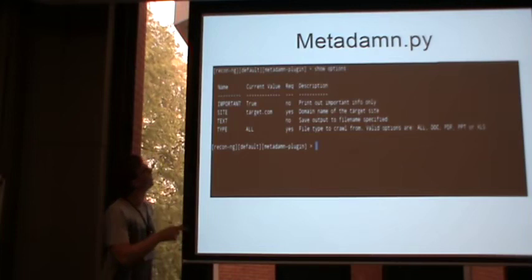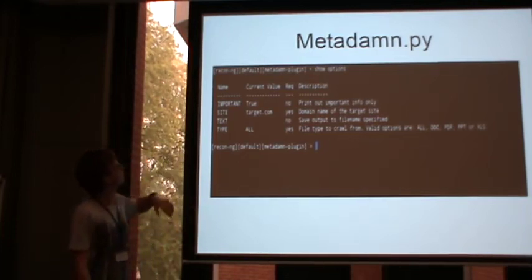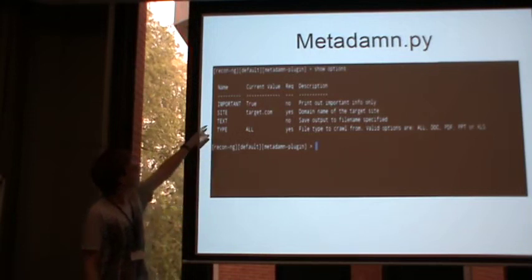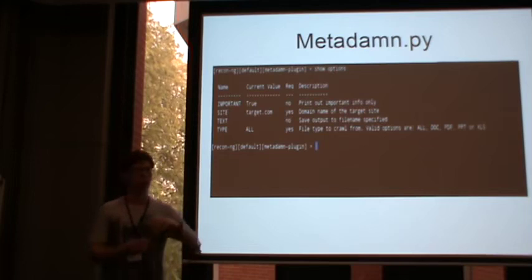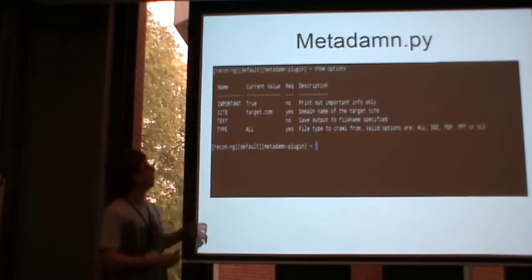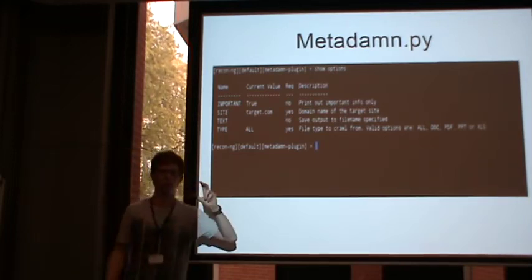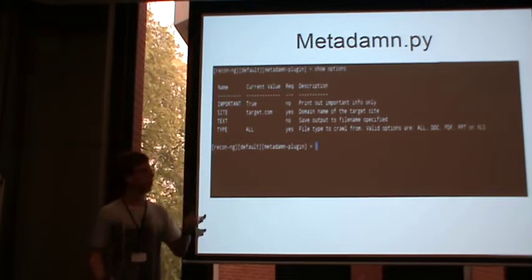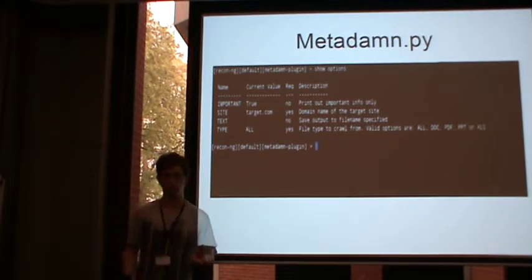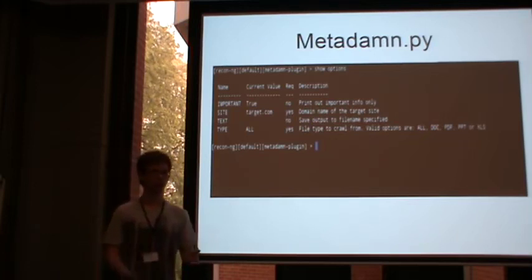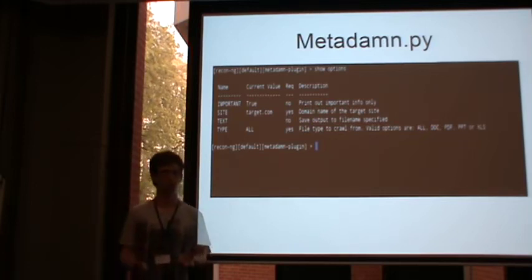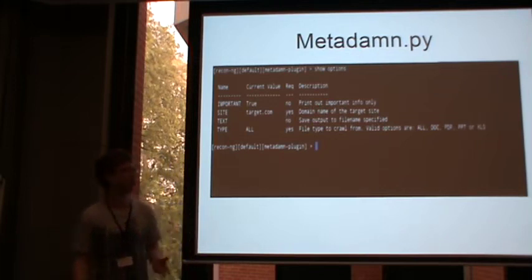So yeah, this is what metadata.py looks like at the moment. We have an important option. The important option will go through and say, okay, we have all this information in the documents, but a lot of it isn't really important. You've got stuff like how many pages are in the document or what the document security is, and for a typical pen test you don't really need to know that.